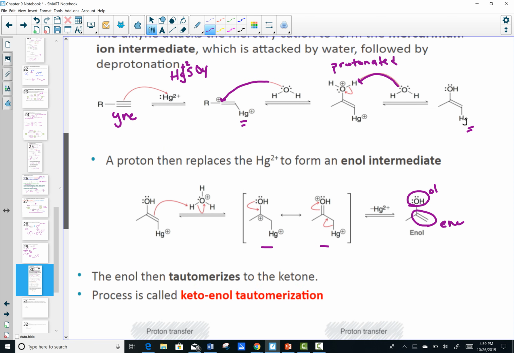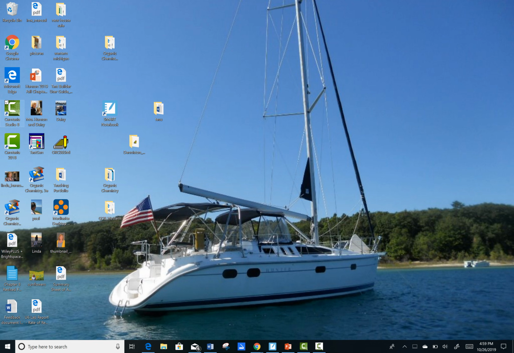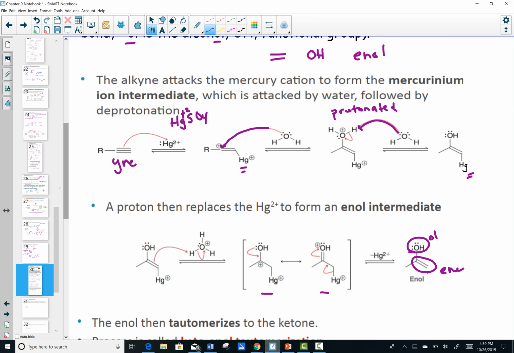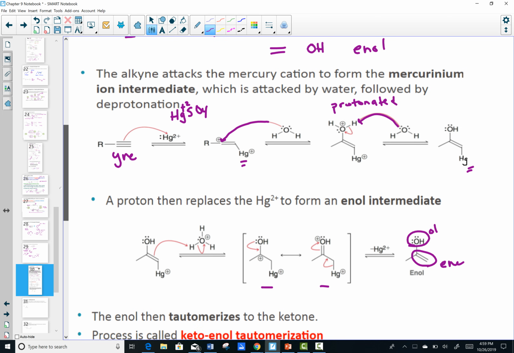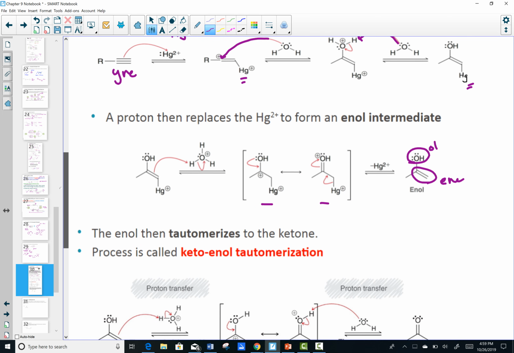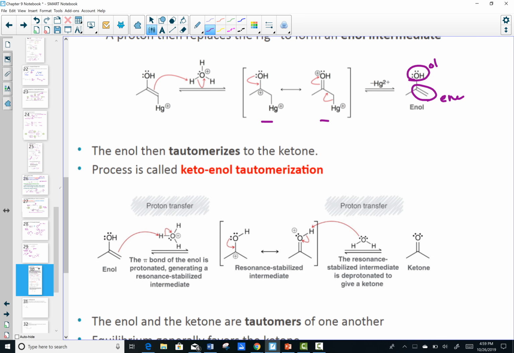Now, all of that mechanism is just allowing us to see what's happening in terms of the process. I'm not going to ask you to draw that mechanism at this point, but we'll work to it. The enol that's formed here is still an intermediate, and it tautomerizes to a ketone. It's called keto-enol tautomerism.